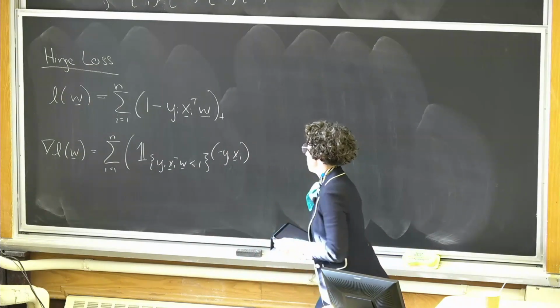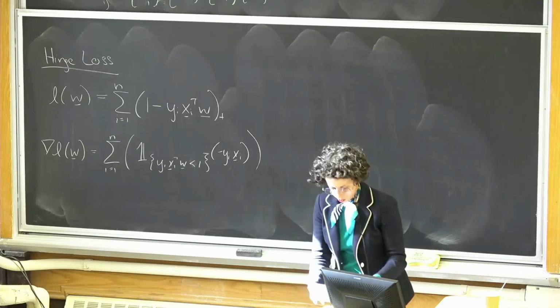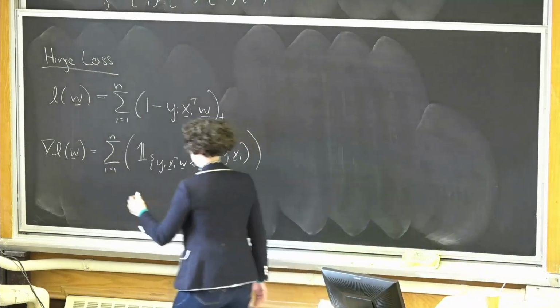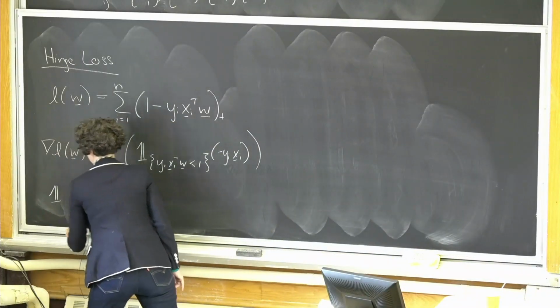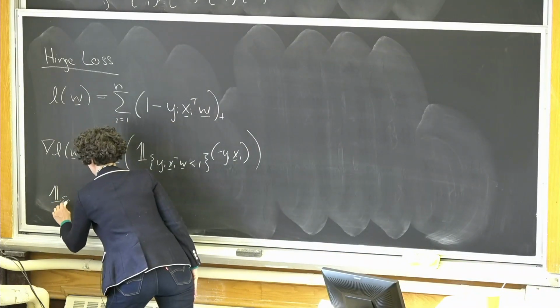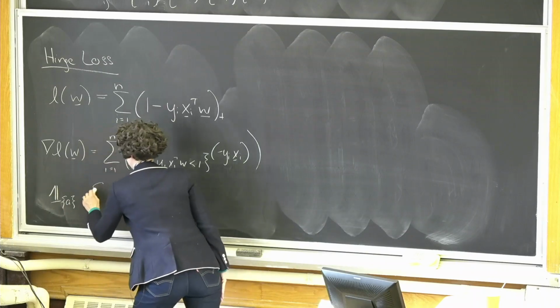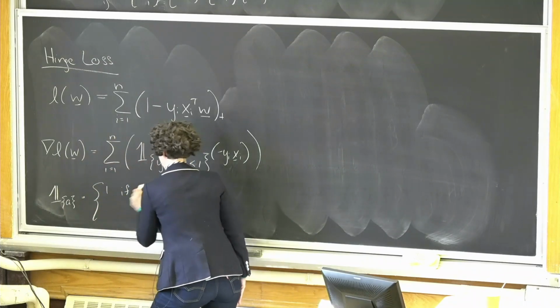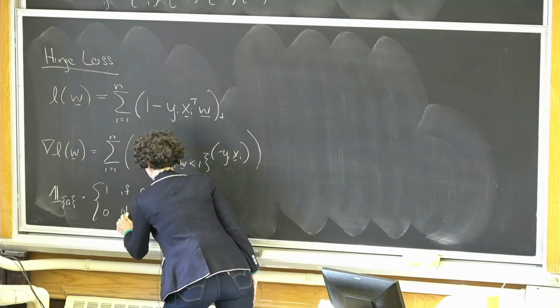Let me unpack this a little bit. First of all, for this indicator function, if I write 1 and then in brackets below, this just means 1 if A is true and 0 otherwise.